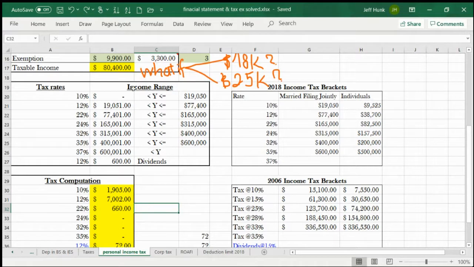Then, because their taxable income is greater than this, there will still be a portion left over, the difference between the two, which is about 23K. That 23K will fall into this bracket, so it will be subject to 22%. So you pay 22% for that 23K, 12% for that 50K, and 10% for that 19K.